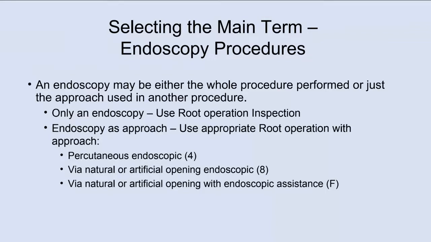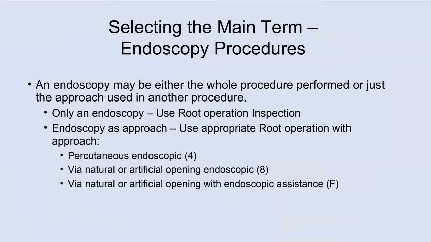Now, sometimes a provider is performing a procedure and an endoscope is the approach used. So the endoscopy is not the reason it's being done, it's just the means for performing it. In that case, you're going to use whatever is the appropriate root operation, the reason that the procedure is being done.